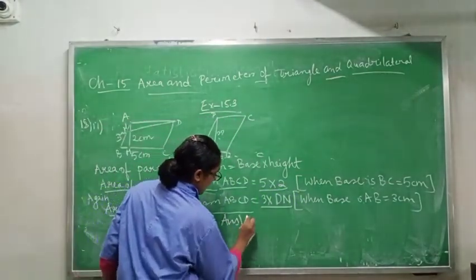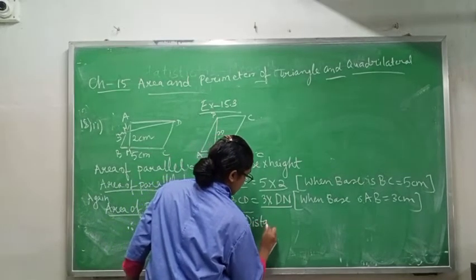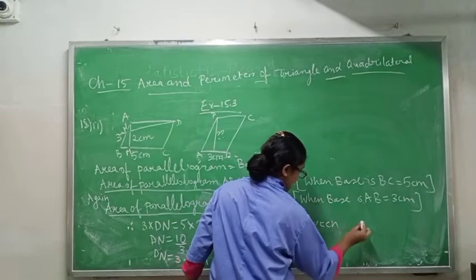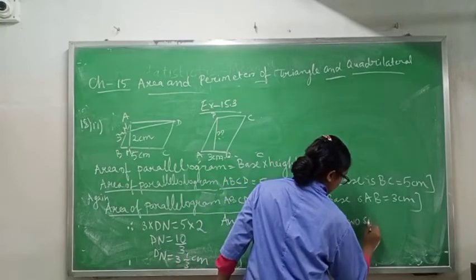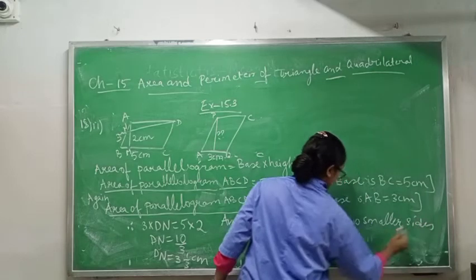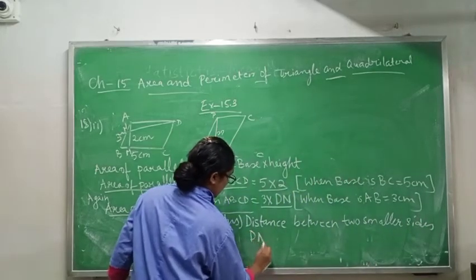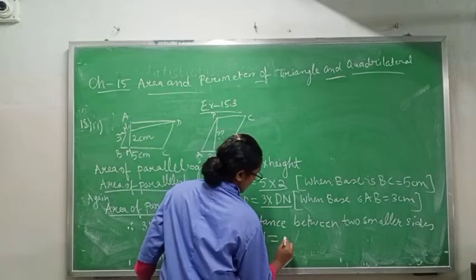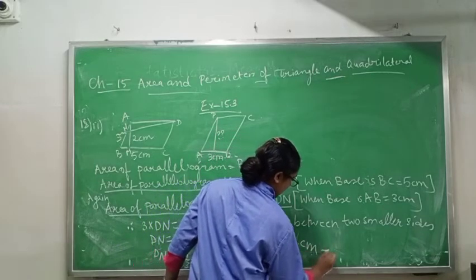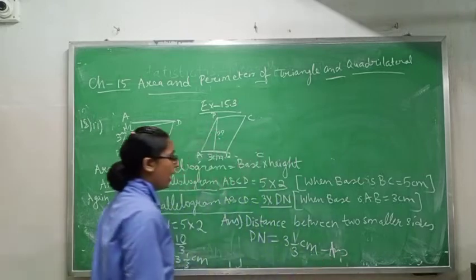The answer will be: the distance between the two smaller sides, DN, equals 3 1/3 centimeters. So this one is your answer.